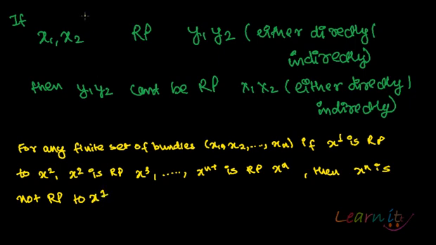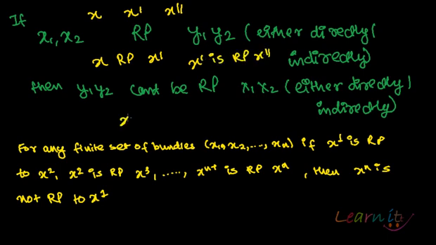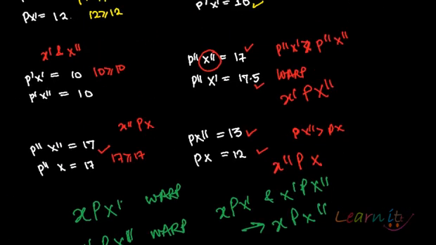In our example, there were three bundles, X, X dash and X double dash. What SARP is trying to say is, if X is revealed preferred to X dash, which is revealed preferred to X double dash, then X double dash should not be revealed preferred to X. This is your strong axiom of revealed preference.